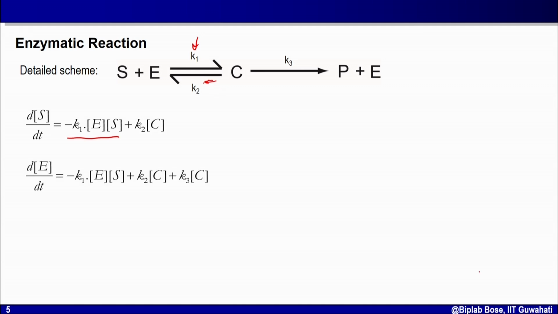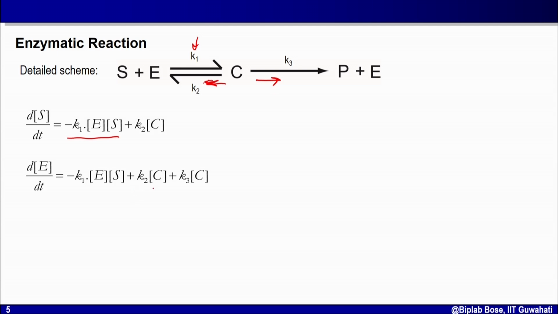Now let us write for the enzyme. dE/dt, the rate of change in concentration of E, is equal to minus K1 E S, same as the previous one in case of substrate S, because the enzyme is getting consumed in formation of the complex C, so I have a minus term here. Next, C is breaking down in both directions. In one direction it is giving rise to S and E, so I get back some E. On the other side, C is breaking down into P and E, that also gives rise to some free E. So I have two terms.